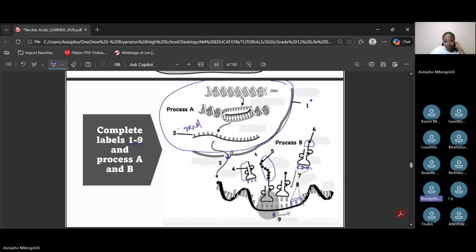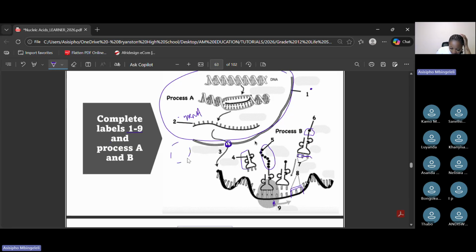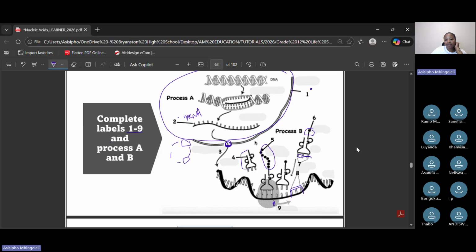Ma'am, isn't it tRNA? I'm not sure. Let's look here. There's number 3. See the space over here? Remember, we have the membranes, and then we have the spaces between the membranes. Do you remember what we call those spaces? Nuclear pore. Nuclear pore. Thank you. And then 4, there is 4. Remember, guys, you also have these diagrams in your notes.